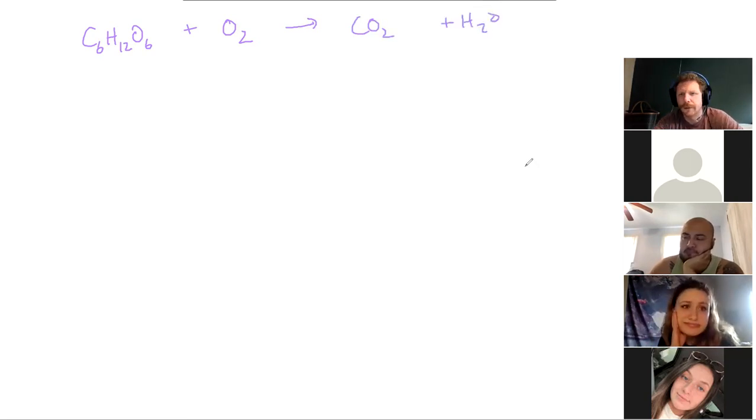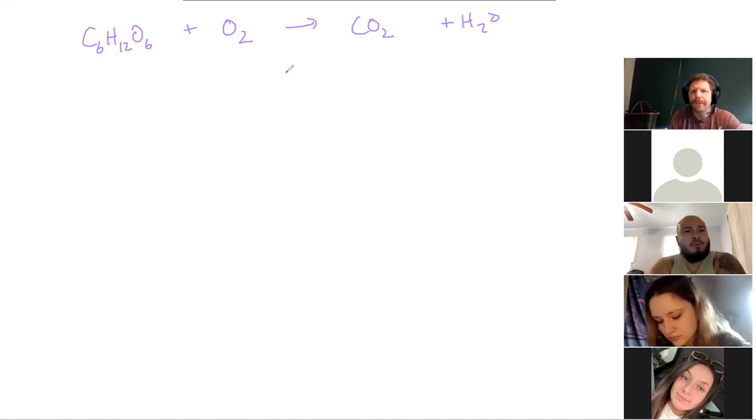Now, this is very similar to the last reaction that we saw. Both of these are combustion reactions in that they take a hydrocarbon and react it with O2 to produce CO2 and H2O.